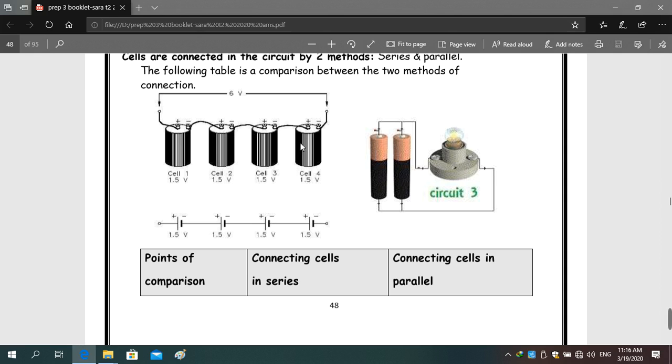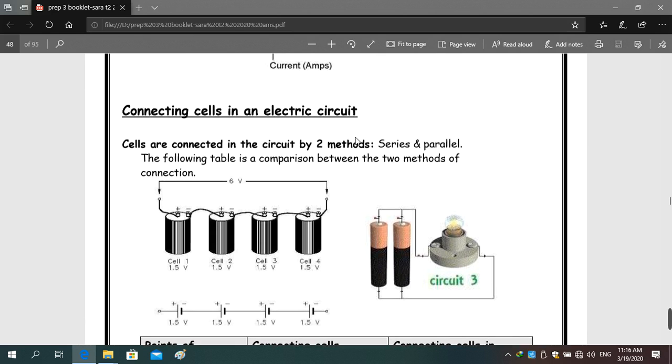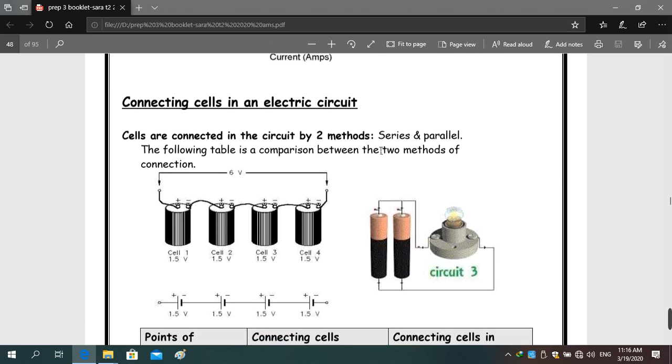So in a series connection, we have to add the EMF of each battery, producing a larger EMF. This is the first type of connection, which is called a series connection.